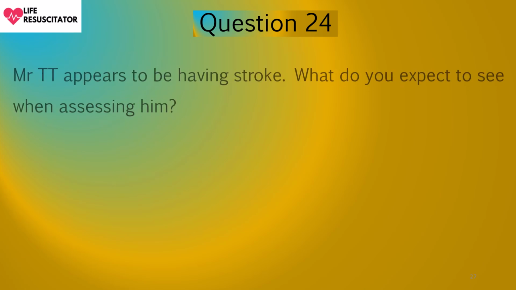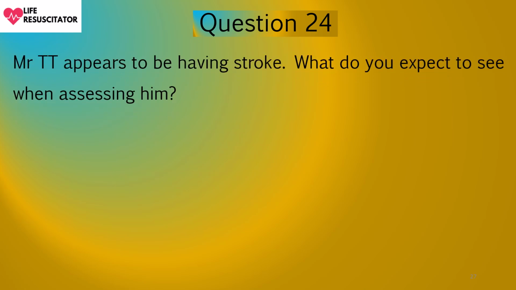Question 24. Mr. TT appears to be having stroke. What do you expect to see when assessing him? Mr. TT appears to be having stroke. What do you expect to see when assessing him?